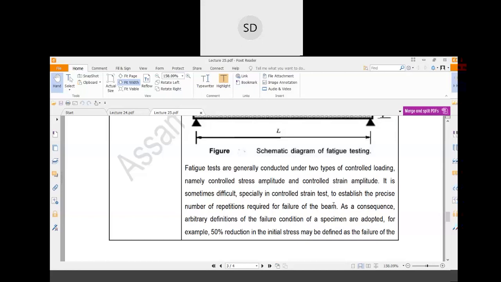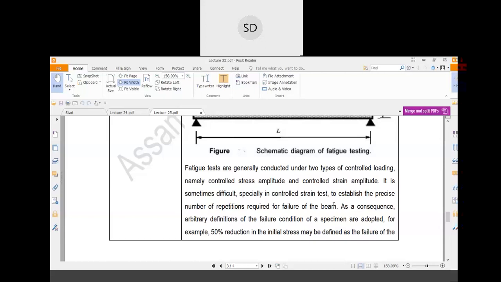So basically, in such cases, in a strain condition, what happens? You will not understand when the material failed, because to understand whether it has failed or not is very difficult in a strain condition.